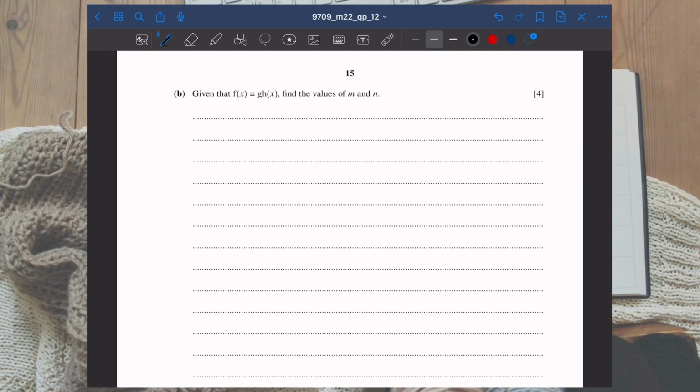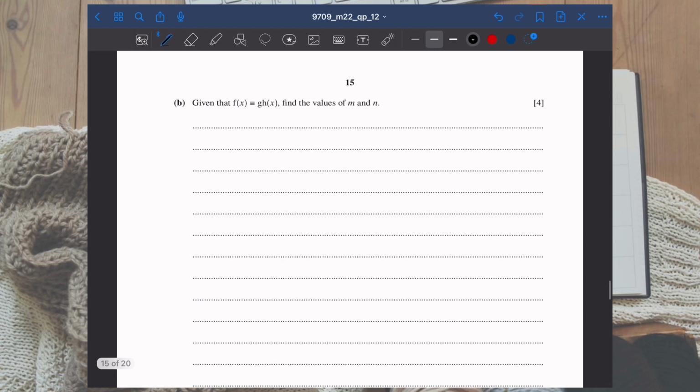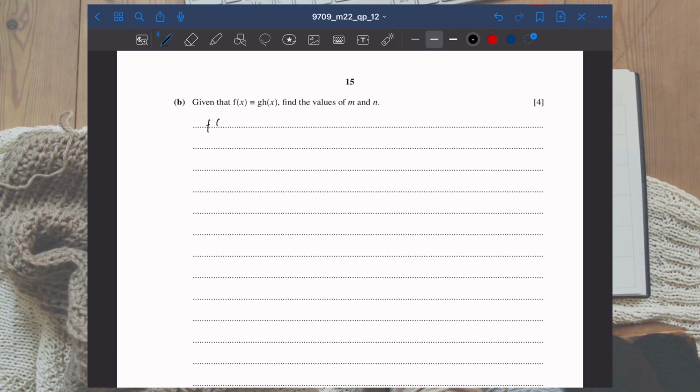Part B. Given that f of x is the same as g h of x, find the values of m and n. So our f of x was x minus 4x power half plus 1.